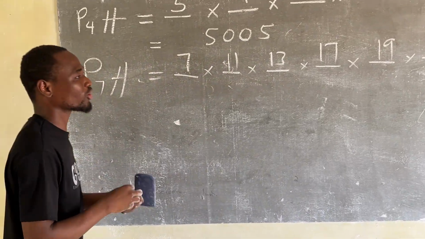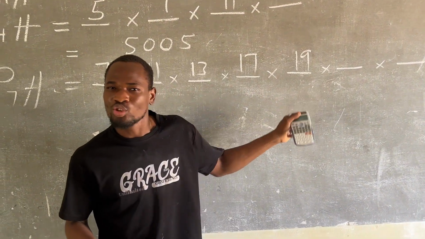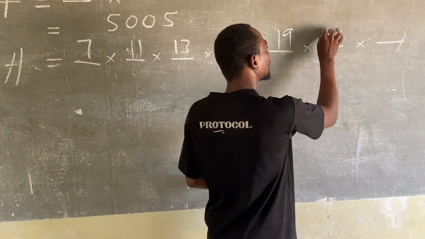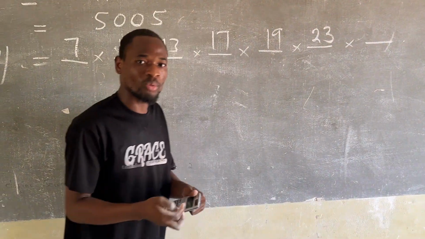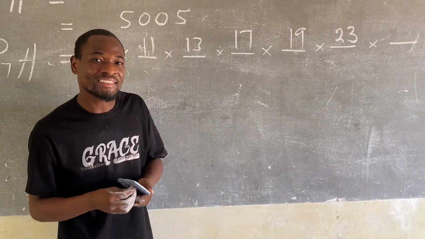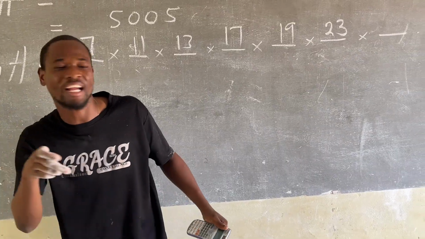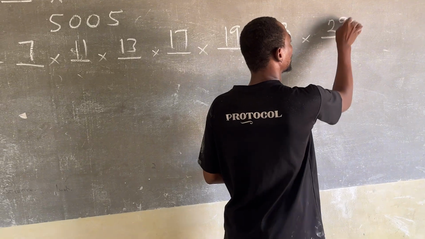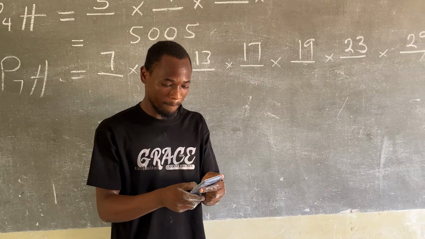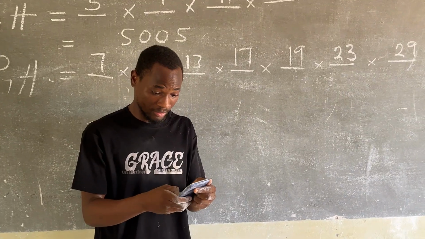I will be getting a whole lot of things. So, times, what do we have? 20, 21, 22, 23. That's the next prime number. Then what do I have? 24, 25, 26, 27, 28, then 29. As simple as that. So we have to multiply all of them.